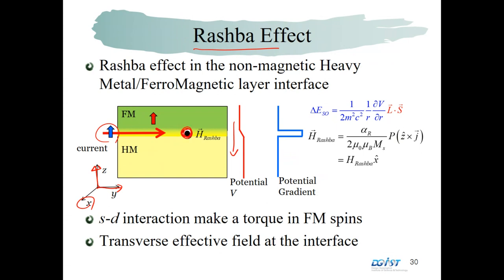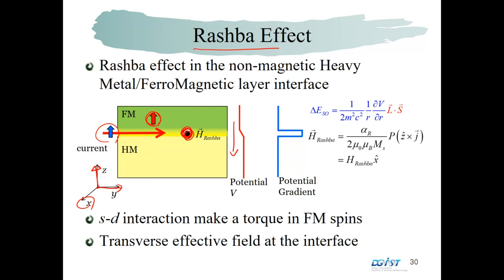So with this field, the magnetization in the ferromagnetic layer feels some kind of torque. There is some kind of motion of this spin because of this field.